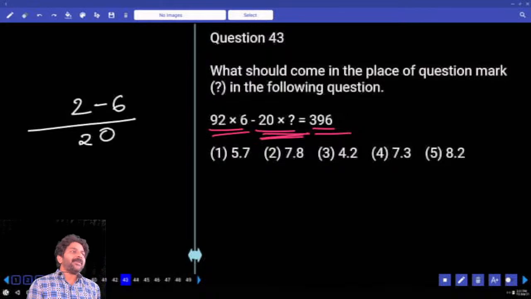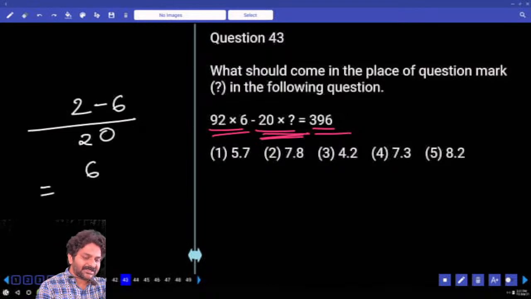In 20, denominator 20, I don't want to consider 0. Zeros can be adjusted any time. Moreover, every option is ending with decimal point, 1 digit. So you don't have to worry about 0. Now tell me, numerator ends with 6 and denominator is 20. In 20, I don't want to change this 0.